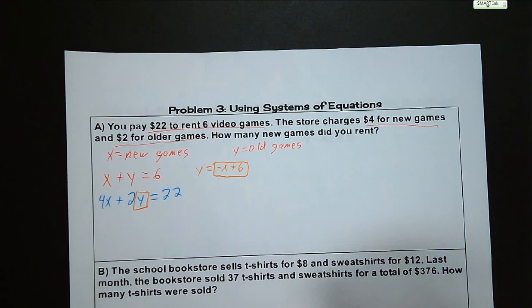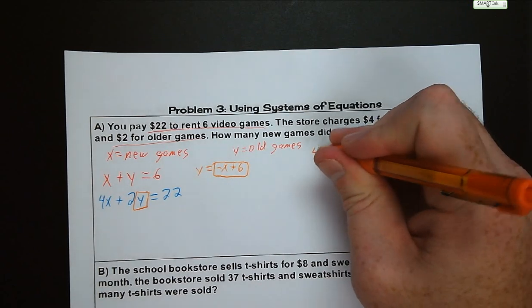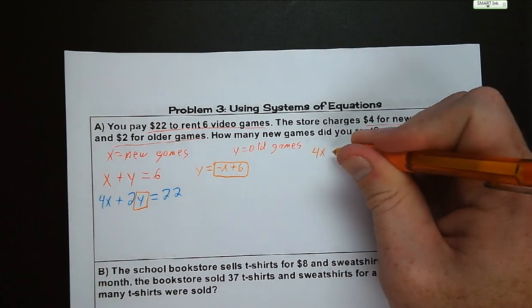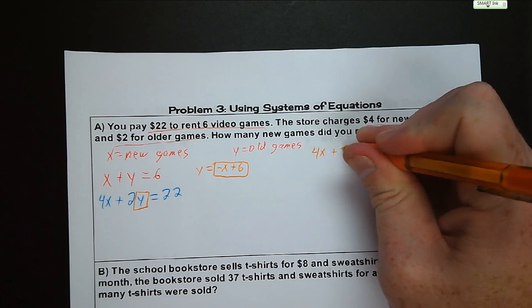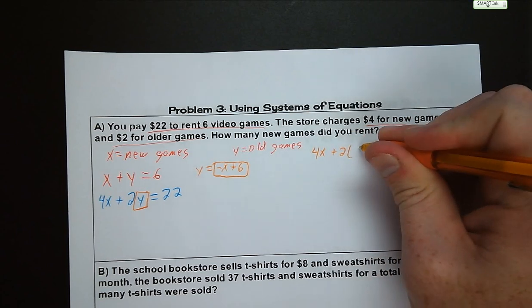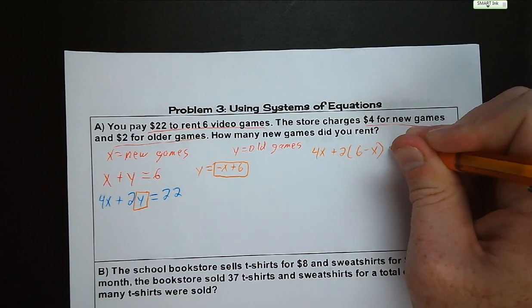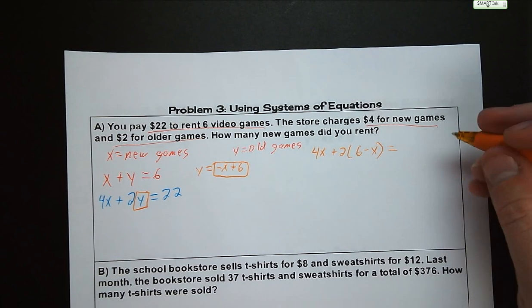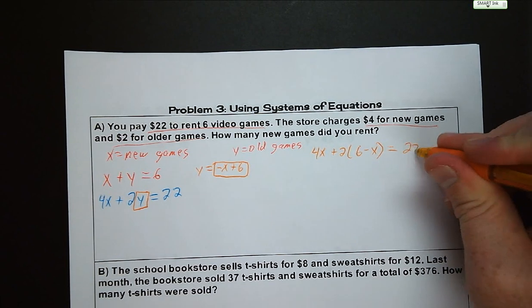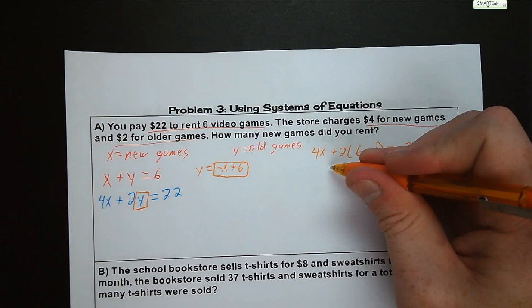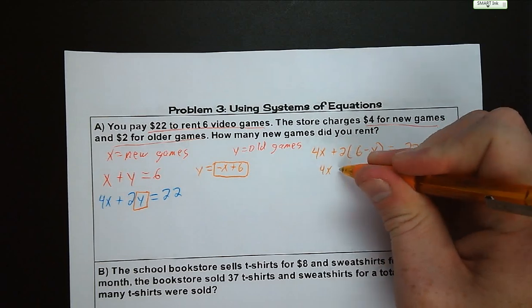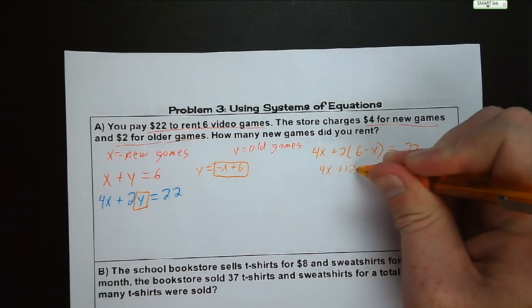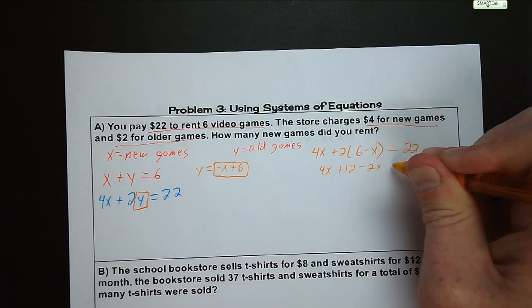So we have 4x plus 2 times the quantity, 6 minus x, or negative x plus 6, equals 22. 4x plus 12 minus 2x equals 22.